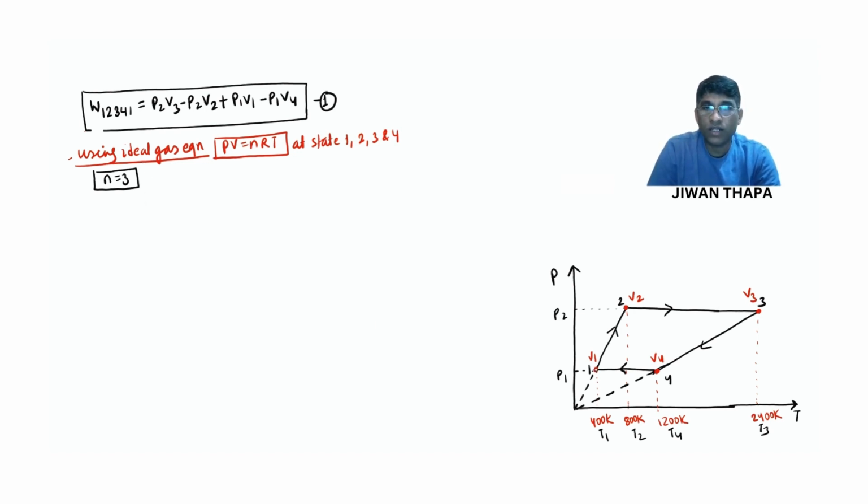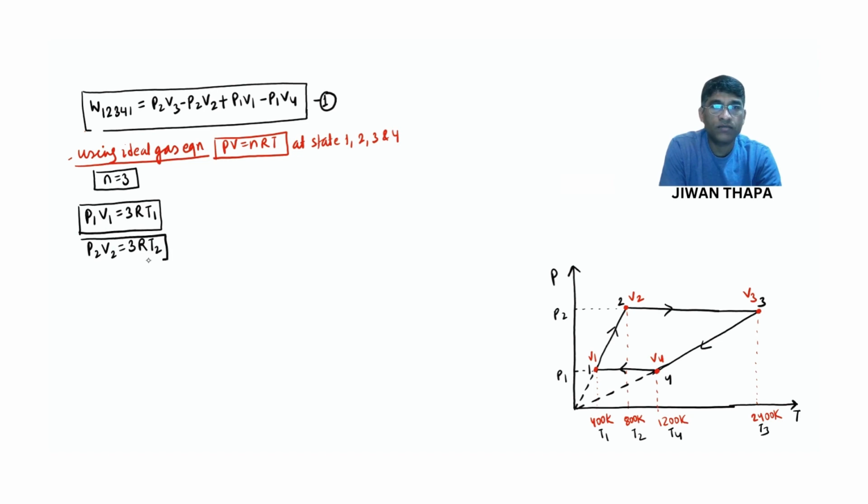So for state 1, we have P1 V1 equals 3 R T1, where the temperature is T1. Clear? And for state 2, we have P2 V2 equals 3 times RT2.